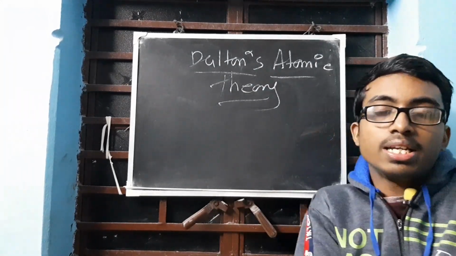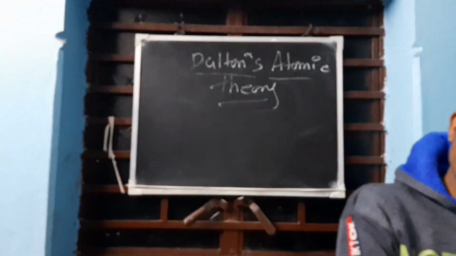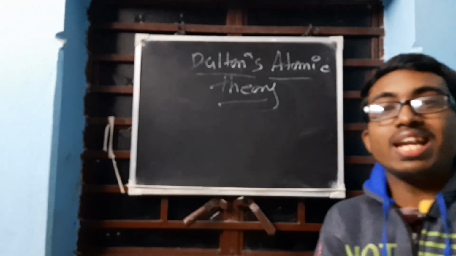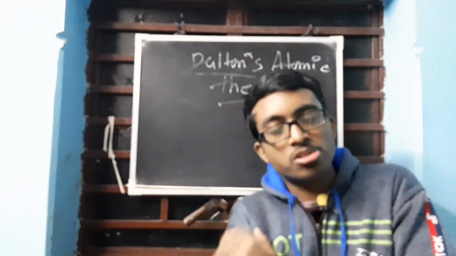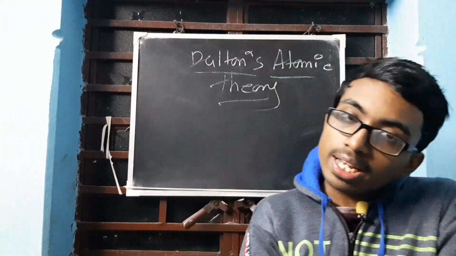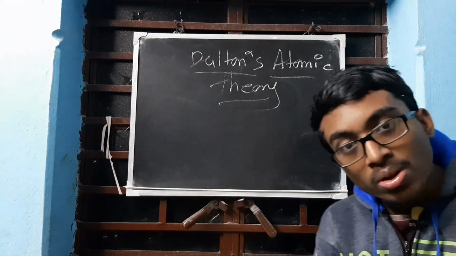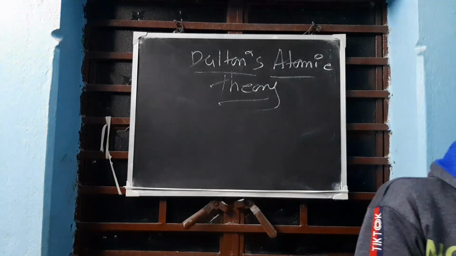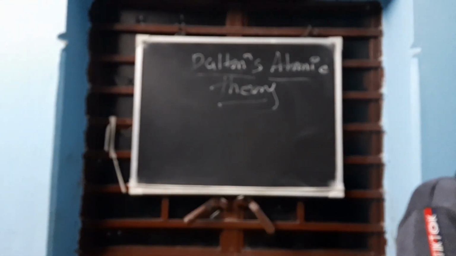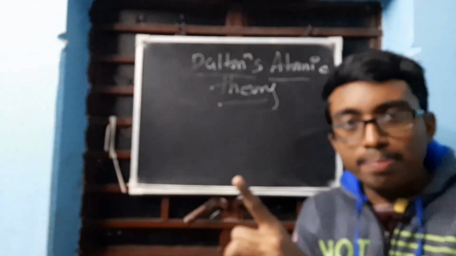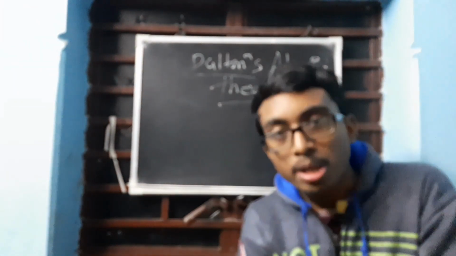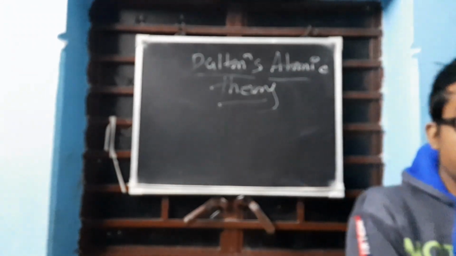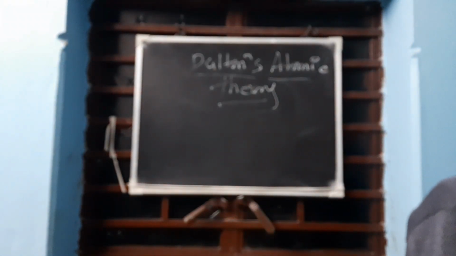John Dalton gave a theory which stated that atoms are indestructible. You cannot destroy an atom, and you cannot divide an atom. Atoms are the unit of chemical reactions. Atoms of one element will be different from those of another element. If there is one element, then all its atoms will be identical in all respects. Right or wrong? Right.